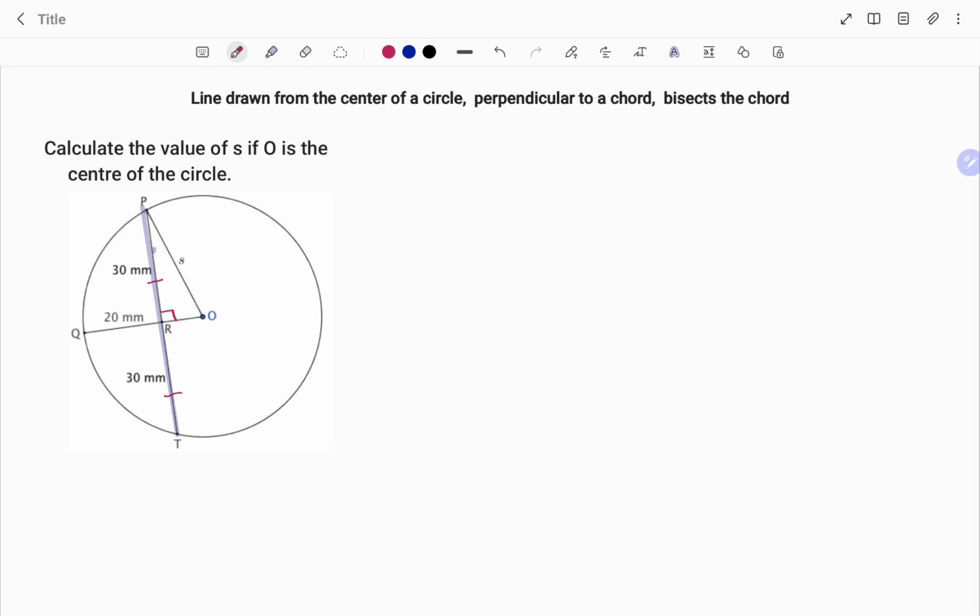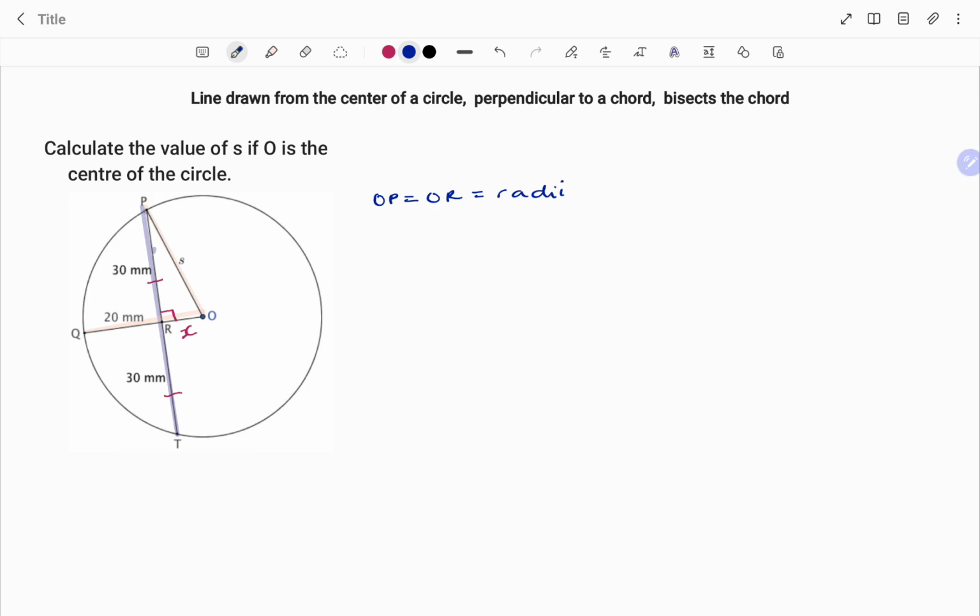Let the distance OR equal X such that the line OQ, as shown, and the line OP are the radius of the circle. That is, the line OP is equal to the line OQ. Those are the radii.